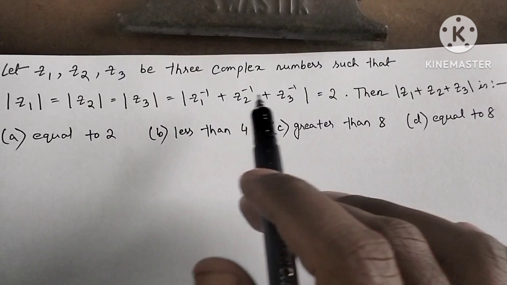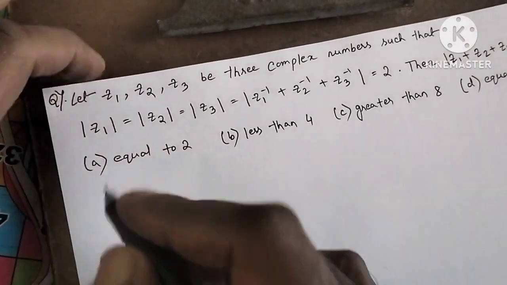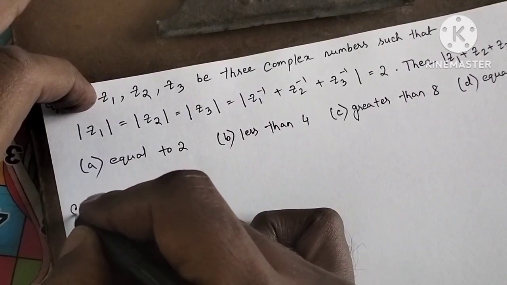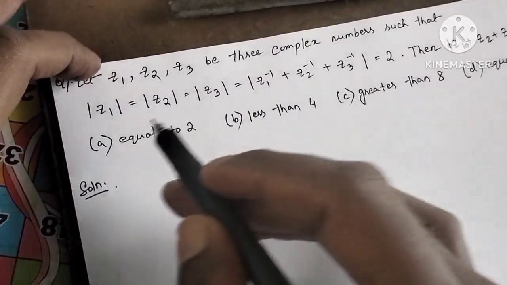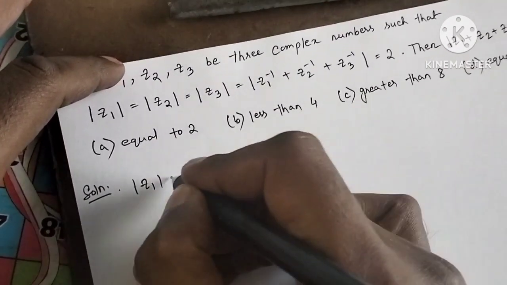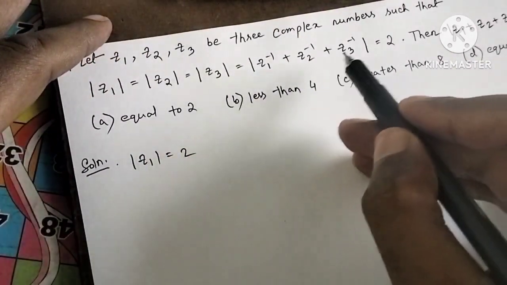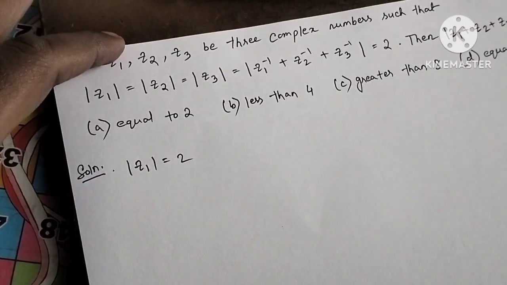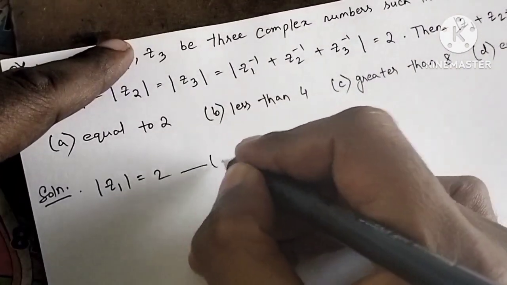See the sum very carefully, and now I am starting the solution. Mod of z1 is 2. It has been given that mod of z1 is 2, so name it as equation 1.